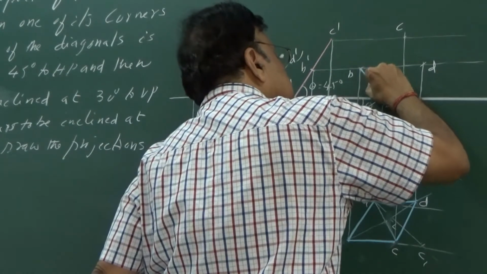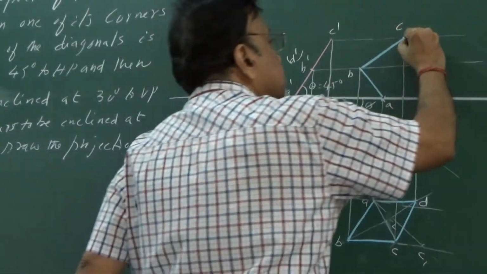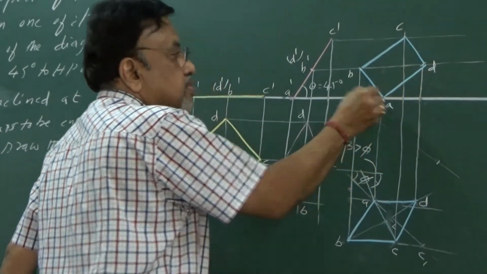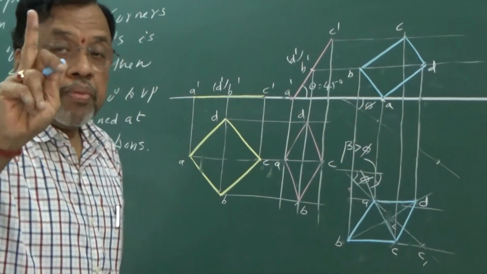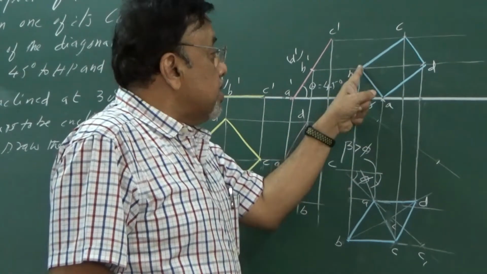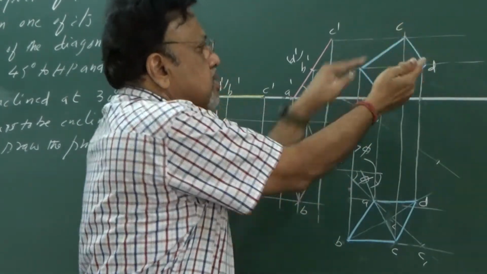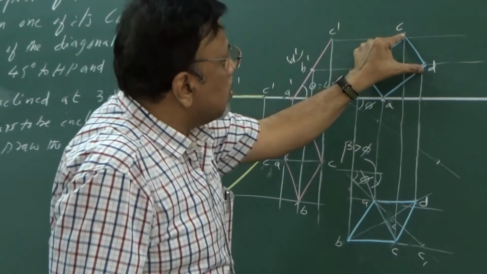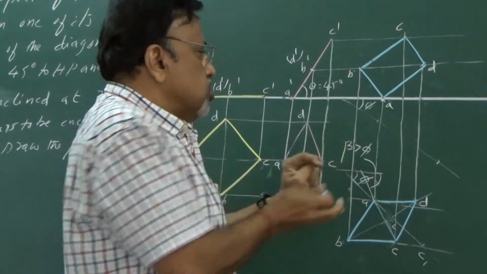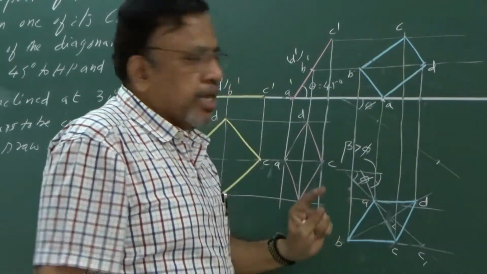That is A to B, B to C, C to D, D back to A. If you have done the problem right, remember you would have got this line parallel, this line parallel. Here you can see that this distance has come out a little bit smaller than this. It should not be. But remember, once you get the figure, you can also gauge how this particular figure you are going to get finally. Okay.